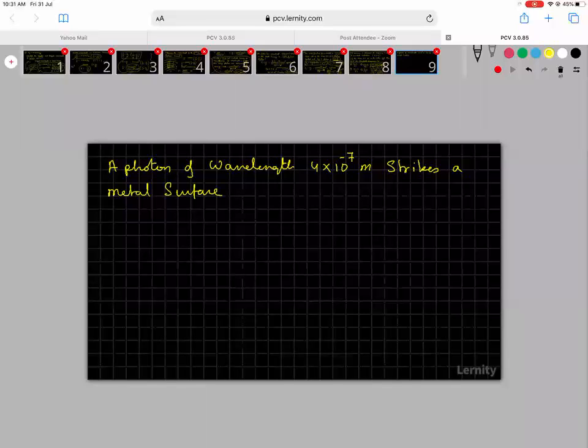The work function of the metal is equal to 2.13 eV.